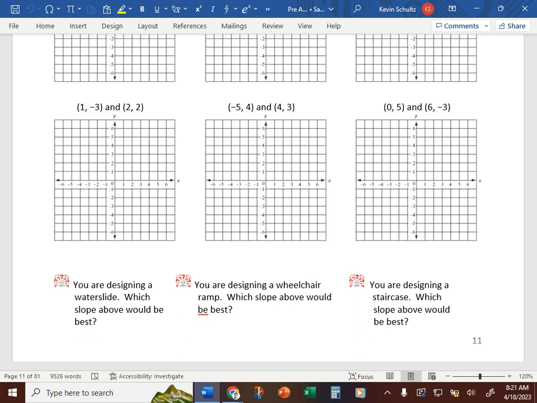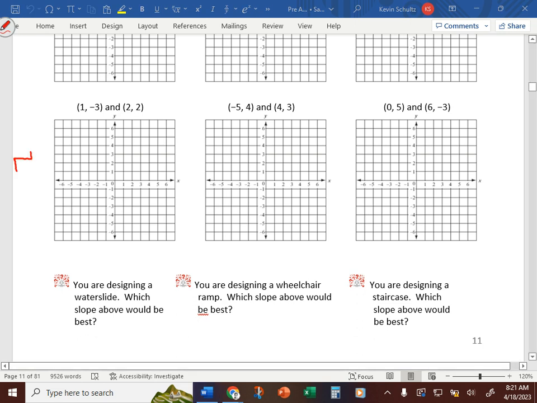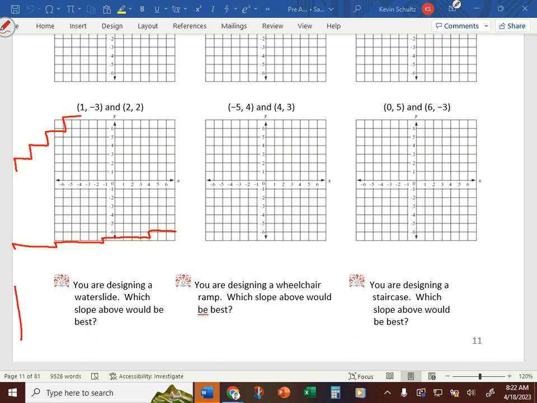Think about, like when you're climbing the staircase. Does it look like that? Do your staircases look like this? Right? What would be best? And what kind of slope is that going to be? Right?